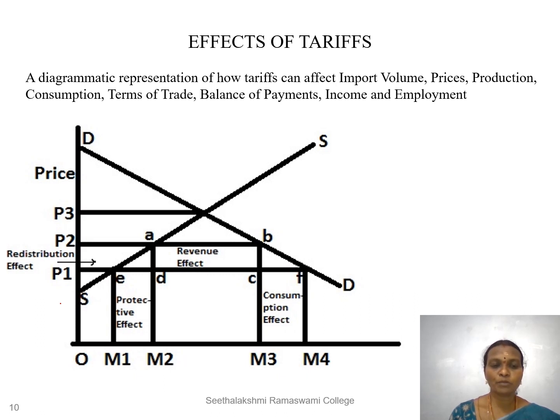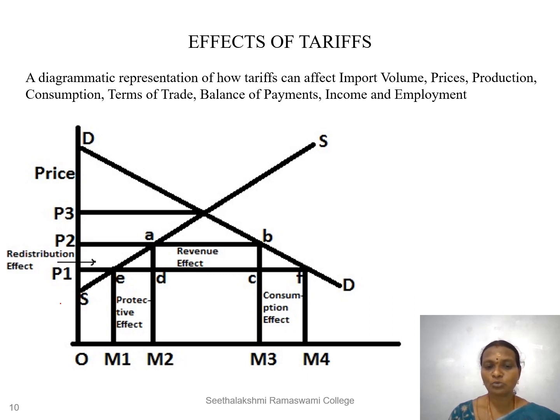At this OP1 price, before the imposition of tariff, the domestic country is able to produce only OM1 quantity of goods, whereas the demand for the commodity is OM4.